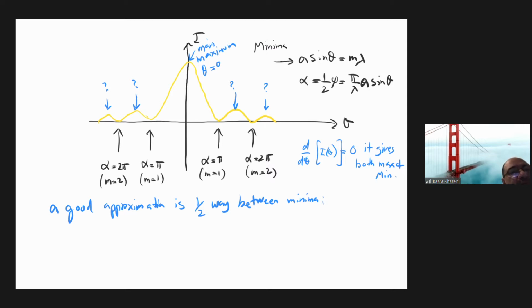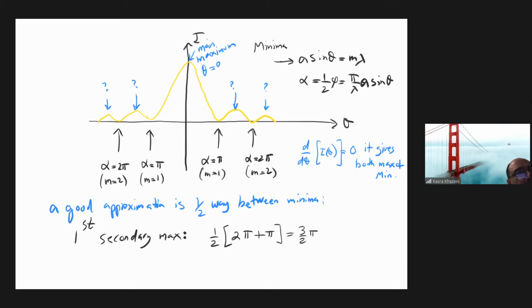All right, so for example, the first secondary maximum, not the main one at 0, maybe I should write it, the first secondary max is halfway between the minima. So 1/2 of 2 pi plus pi. Okay, so the halfway is 3/2 pi.